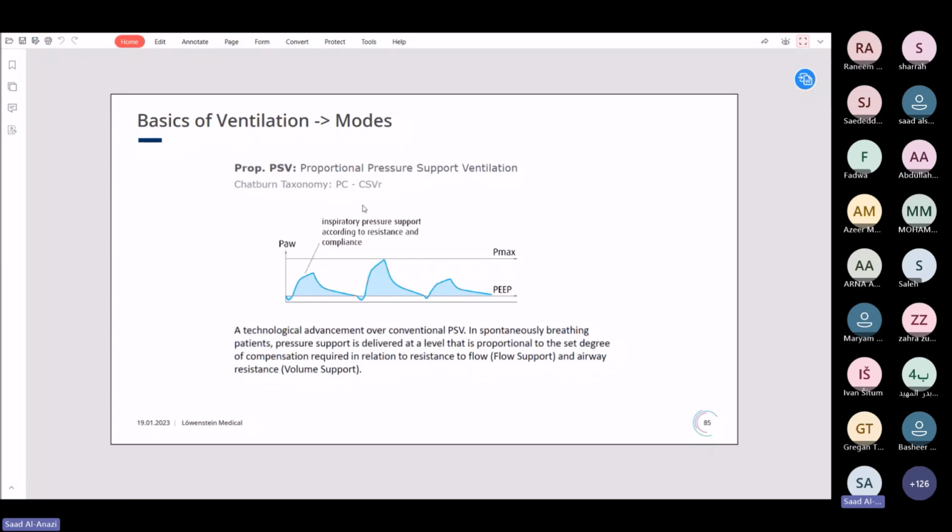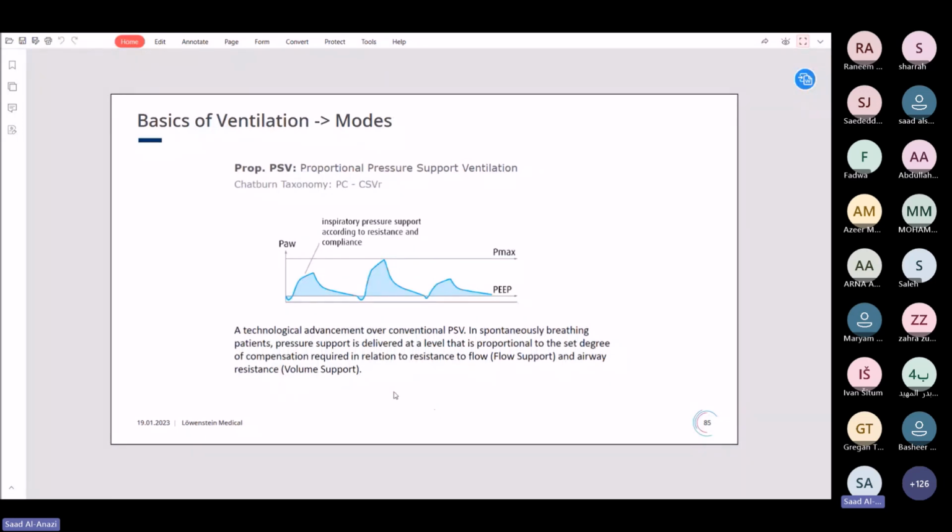We also have proportional pressure support ventilation. The pressure support is delivered at a level that is proportional to the set degree of compensation required in relation to the resistance of the flow. So this is proportional, based on the resistance of the flow support and the airway support.